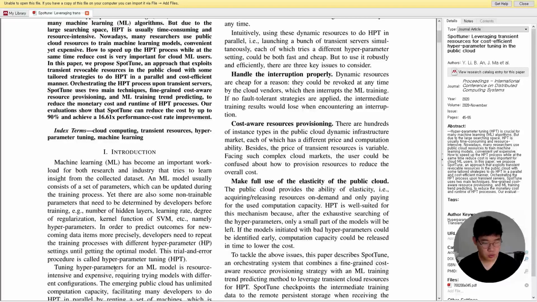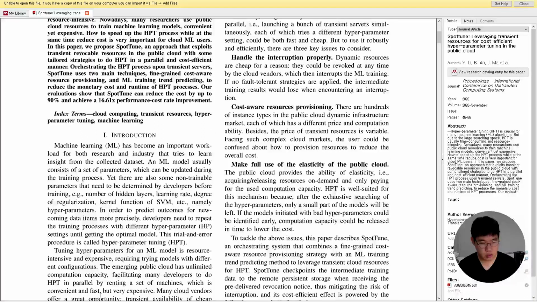Tuning hyperparameters for a machine learning model is resource intensive and expensive, requiring trying models with different configurations. The emerging public cloud has unlimited computation capacity, facilitating many developers to do HPT in parallel by renting a set of machines, which is convenient and fast but very expensive.